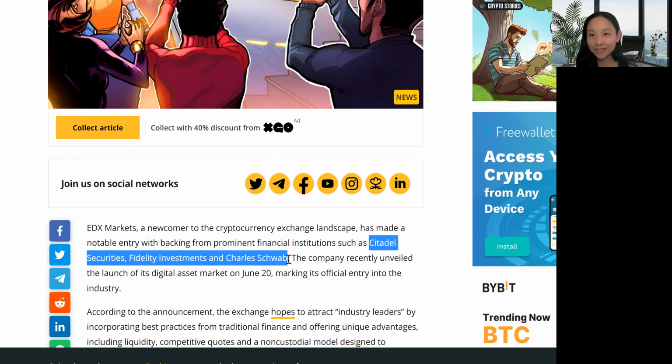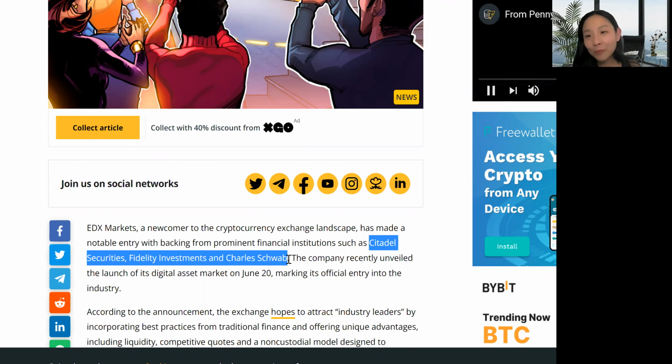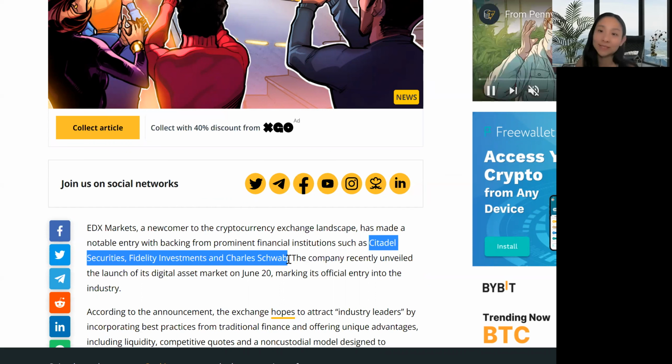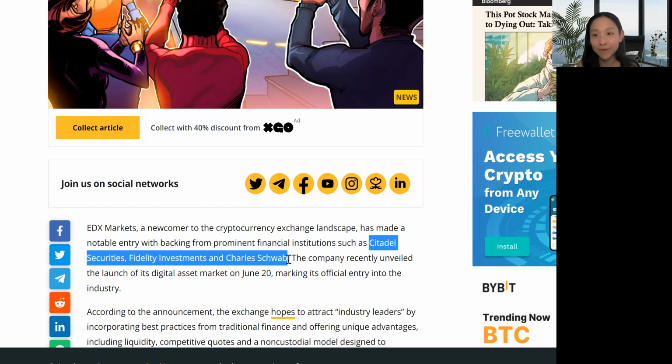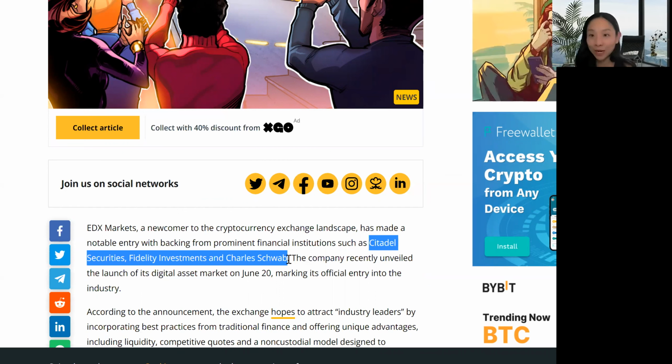For me, trading is never a problem, but the platform is a problem. It's one of the things that I cannot control. So I'm very happy if the regulation is doing better on crypto, and it will give us more confidence, at least for individual investors, to invest money in crypto. Do you agree with me?